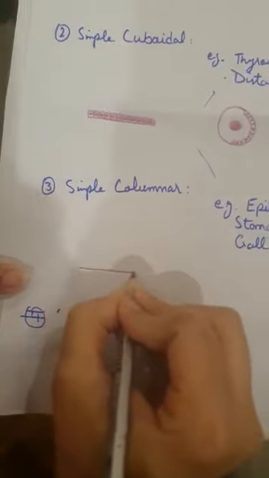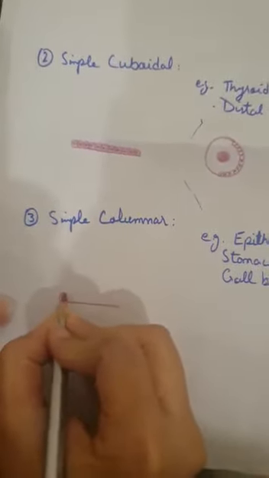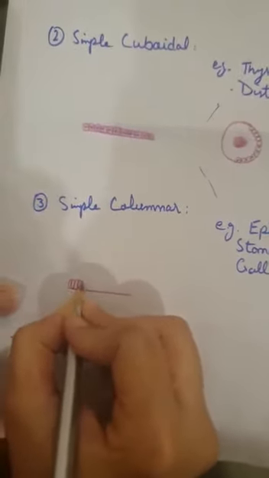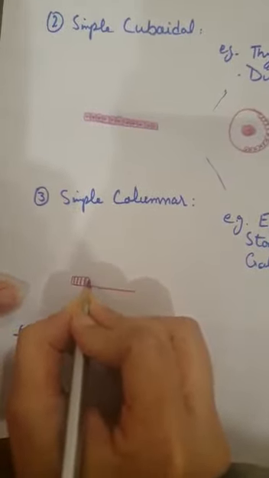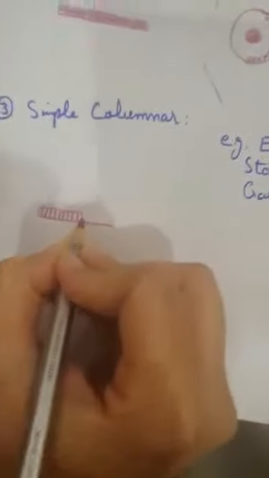Now coming to the simple columnar epithelium, where does it lie? It lies in the epithelial lining of the stomach, intestines, gallbladder and the uterus. How do we draw it? There is a layer of columnar cells, tall columnar cells, whose length is higher than the base, and they lie on the basement membrane.